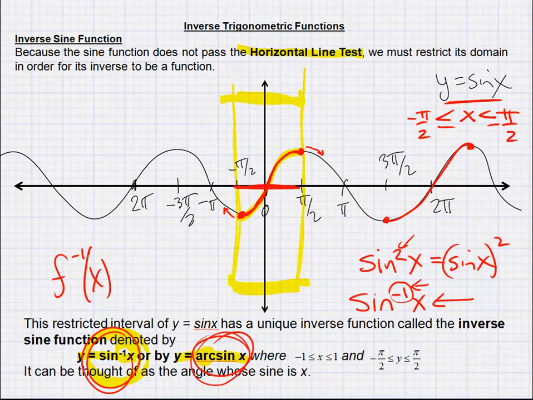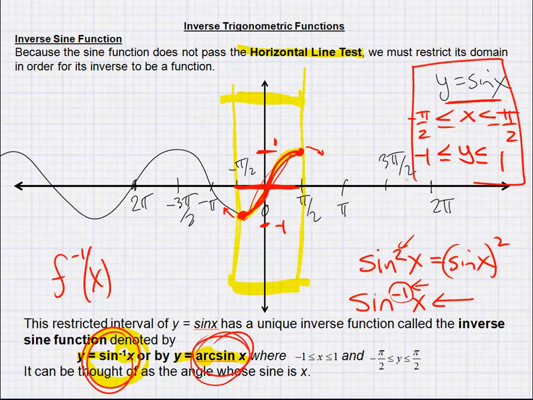The y values in there are still between +1 and -1, and I get every y value in between because my graph goes from here up to here. In that case, it has a y value of 1 and a y value of -1. So the y values for this function are going to be between -1 and 1. Now that's for the sine function. Now what we need to do is realize, how does that affect the inverse sine function?